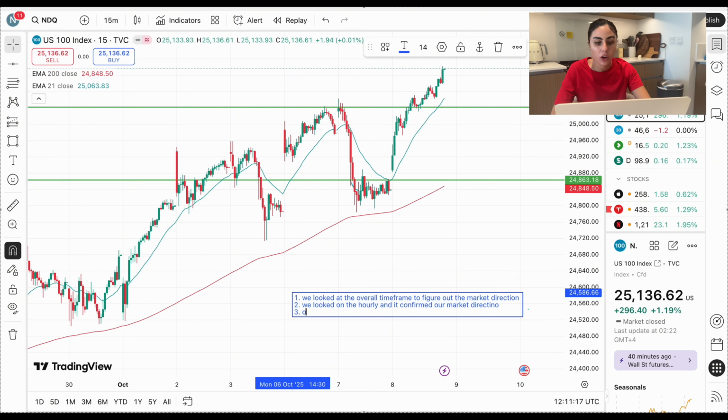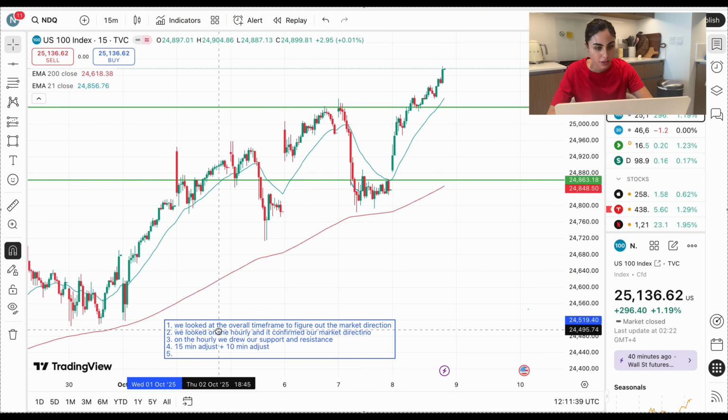Number three, on the hourly, we drew our support and resistance. Number four, you look either on the 30 minutes or just go straight into the 15 minutes, adjust, 10 minutes, adjust, okay? And then number five, we'll get into number five in a bit.